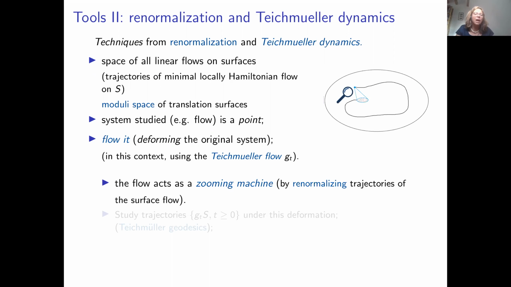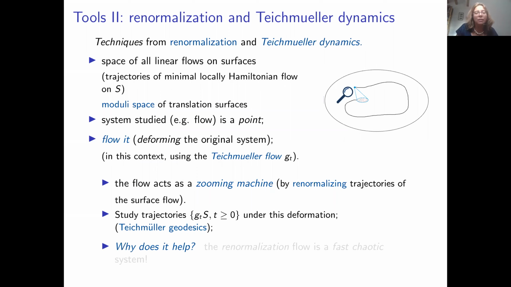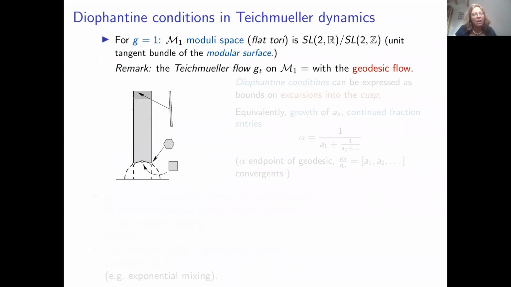These deformations act as a zooming machine, or they give you a tool for renormalization. The orbits of this deformation flow are called Teichmüller geodesics. And why do we do that? Because the renormalization is a fast chaotic system. There is this interplay between your slow chaotic system and the fast chaotic system, the renormalization, which we understand better than the flow which is renormalized. Okay, let me skip this.